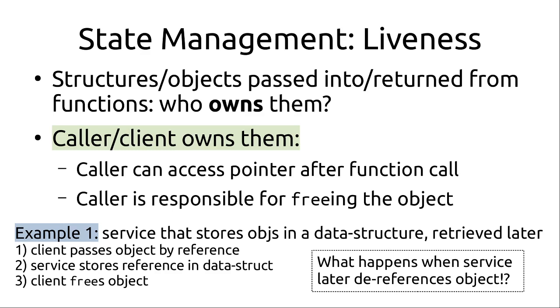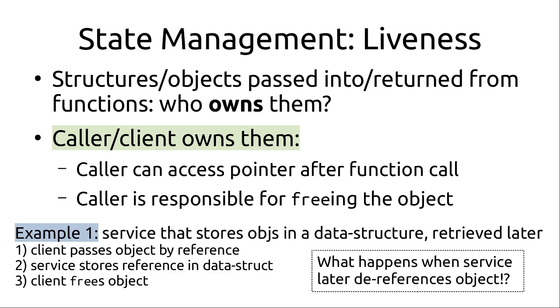Okay, so the client will pass an object by reference into the library that has a data structure. The service itself, that library, will store the reference to the object in a data structure. Now the client owns the reference, but it's also stored within that service's data structure, right? But now, if the client owns that object and it knows it owns it, then it can also freely free the object.